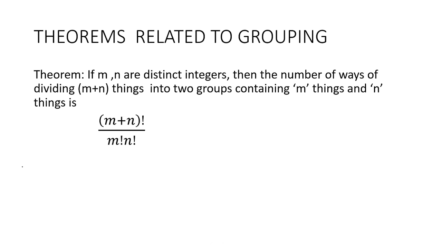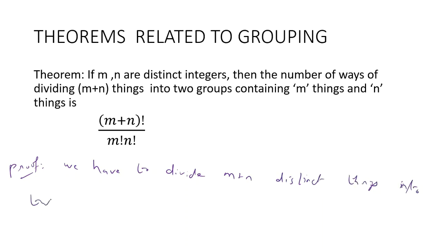So first let us try to understand what we have to do. We have to divide m plus n different things into two groups, containing m and n elements respectively.